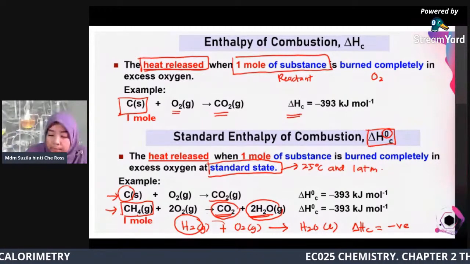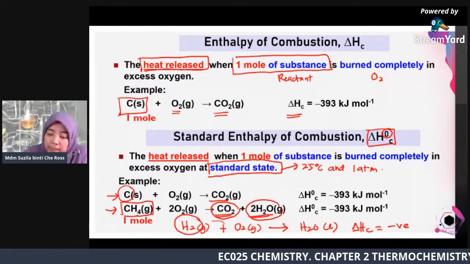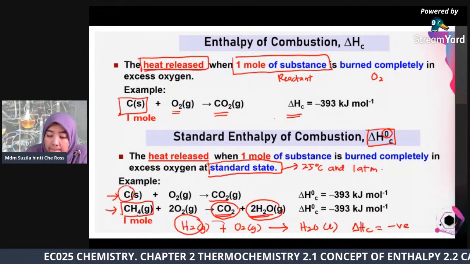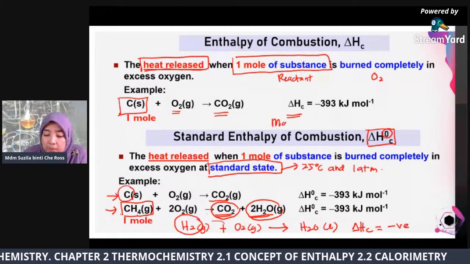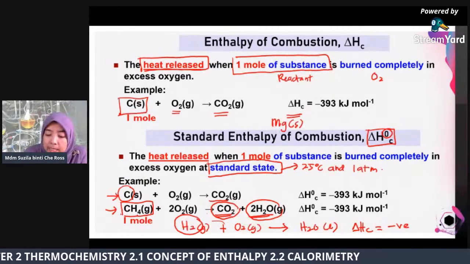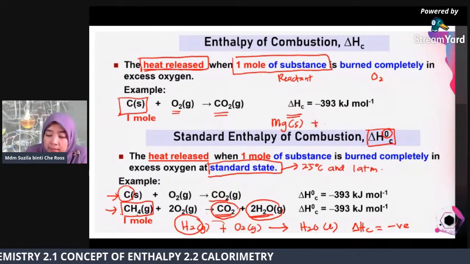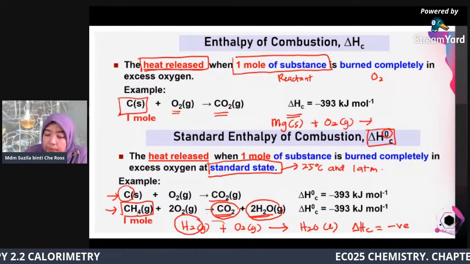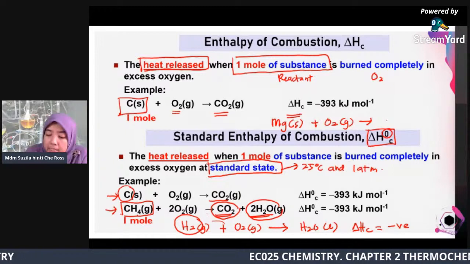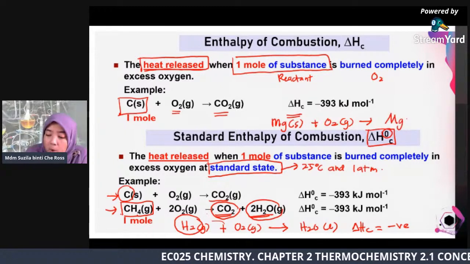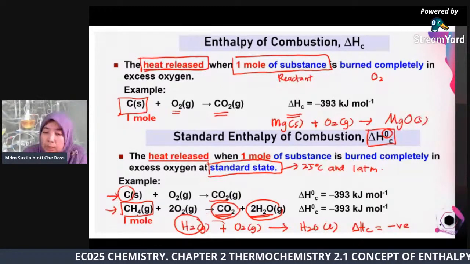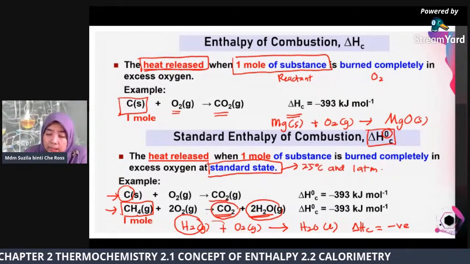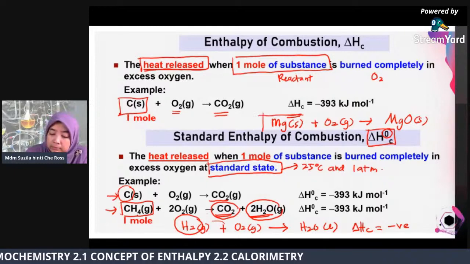What about metal? For example, magnesium. Magnesium solid, when we react it in excess oxygen, we will get metal oxide. So in this case, we will get magnesium oxide. See, here no carbon dioxide, no H2O. Why? Because your substance only has metal.